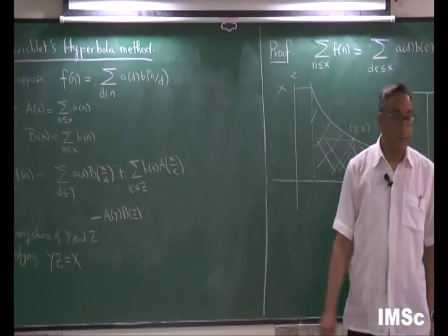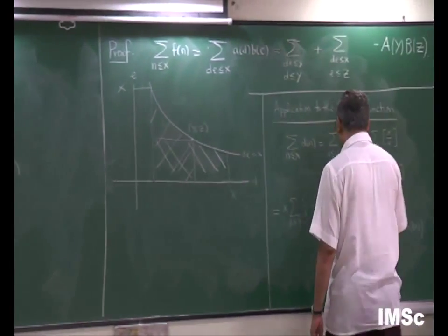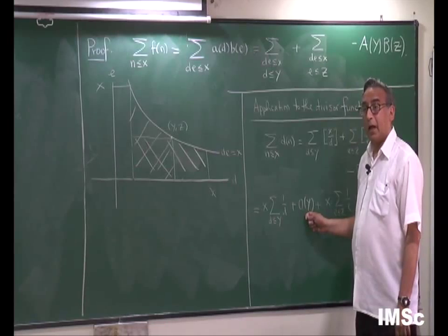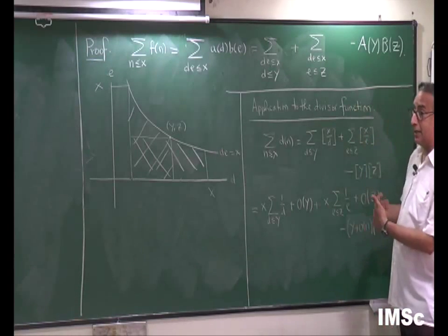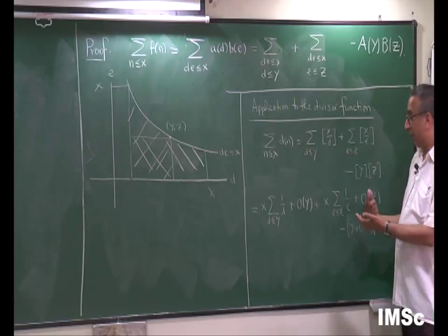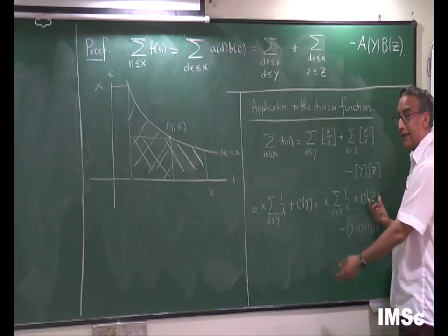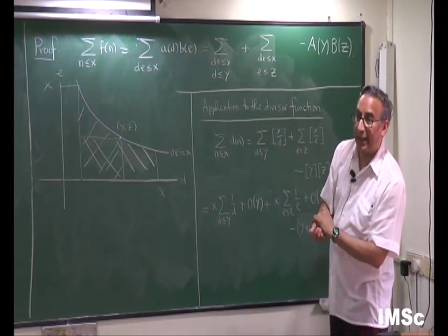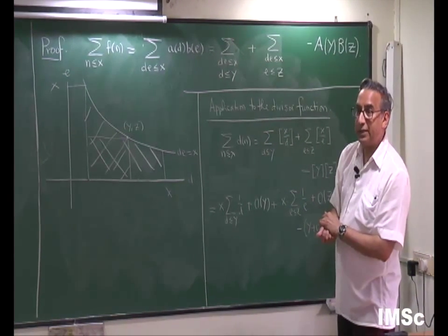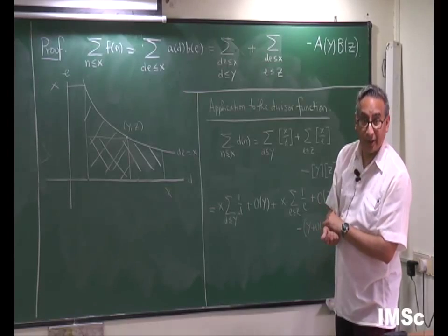So if I pick y very small, I win here because the error term is going to be small. But then z is going to be big because it's got to be x over y. So the only way to balance this y and z here, there's an error term of y and there's an error term of z, and the product has to be x. Therefore, an optimal choice is root x for both of them.